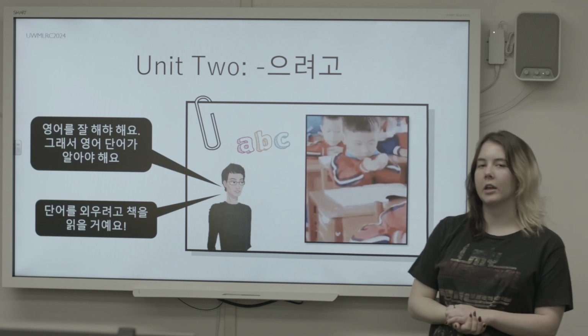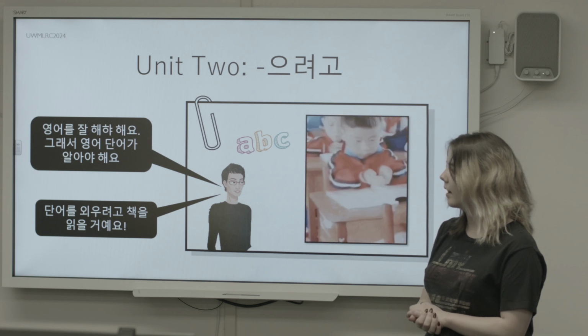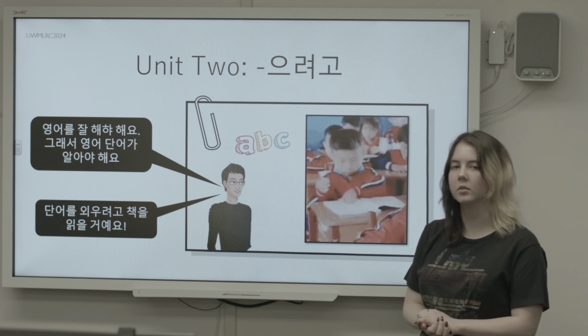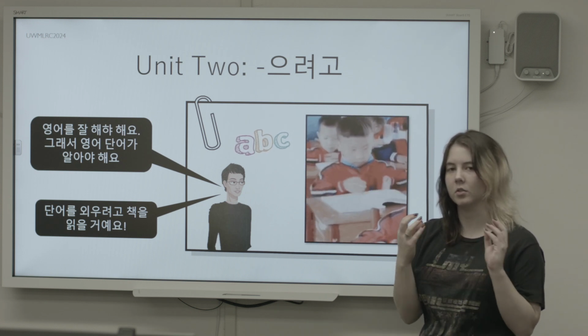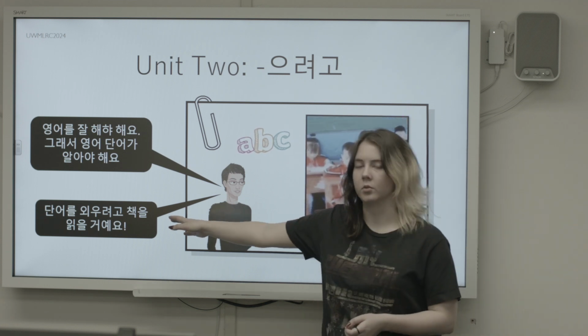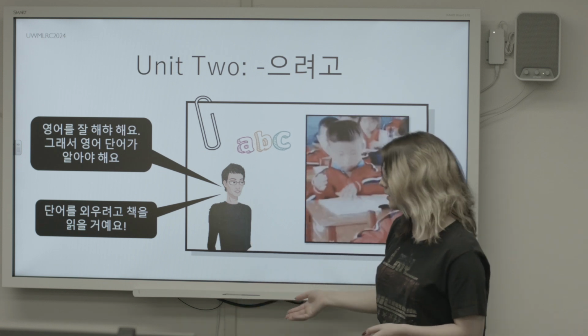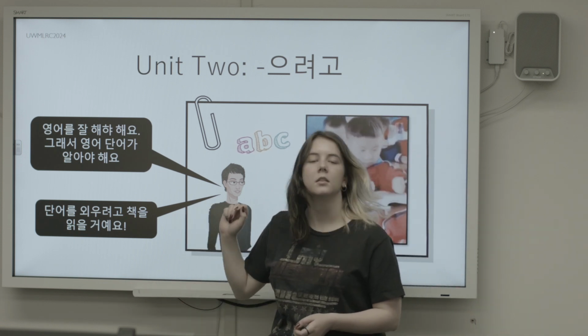영어를 잘 해야 해요. I have to know English well. 그래서 영어 단어가 알아야 해요. So I have to know 영어 단어. I have to know English words, English vocabulary. 단어를 외우려고, in order to memorize vocabulary. 외우다 is to memorize. 책을 읽을 거예요.